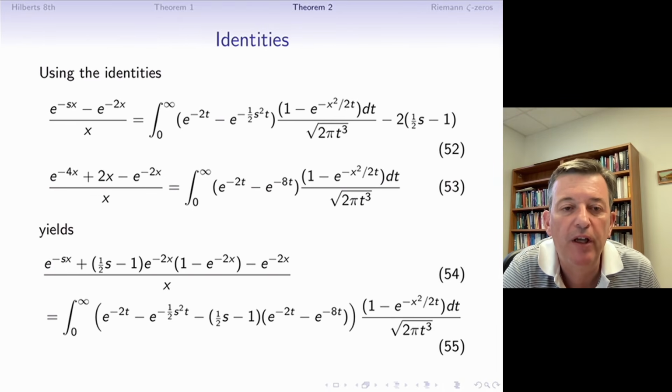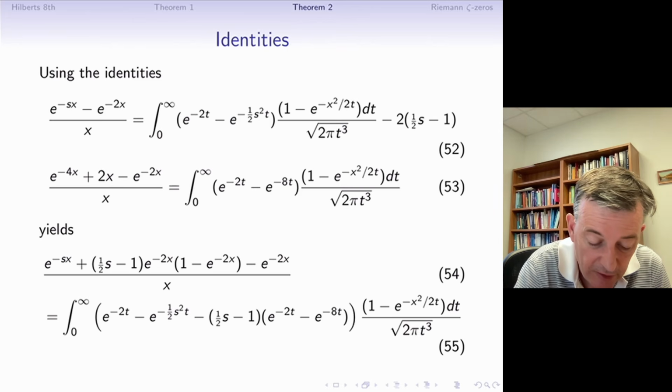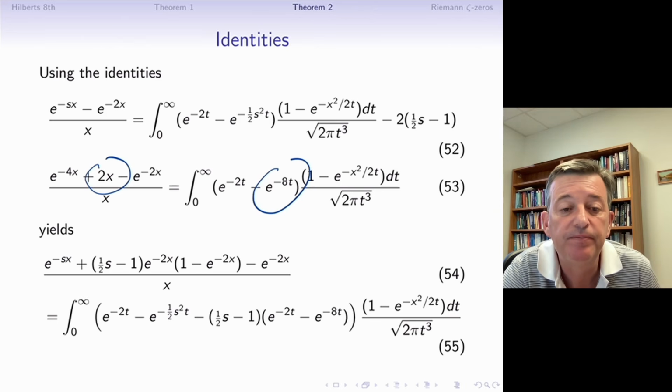What are the two equivalent identities? Now we slightly modify our identities that provided the Thorin measure in B. So we have 52 and 53. Just correcting for these terms here leads to a simple correction here.